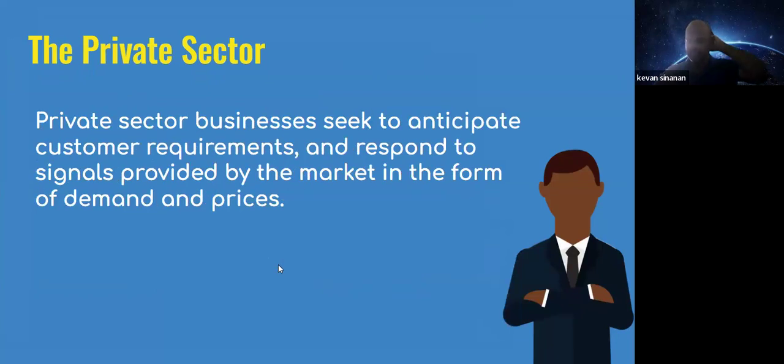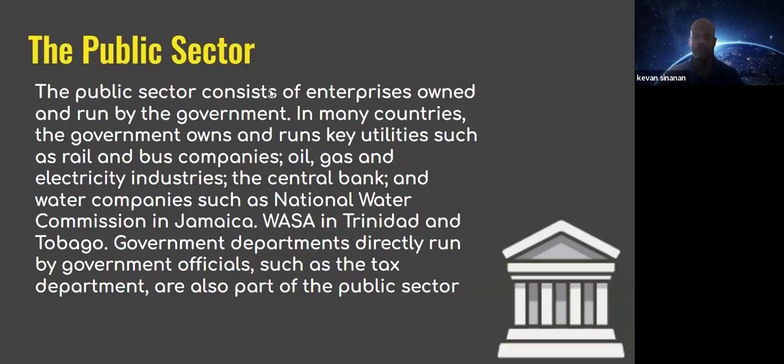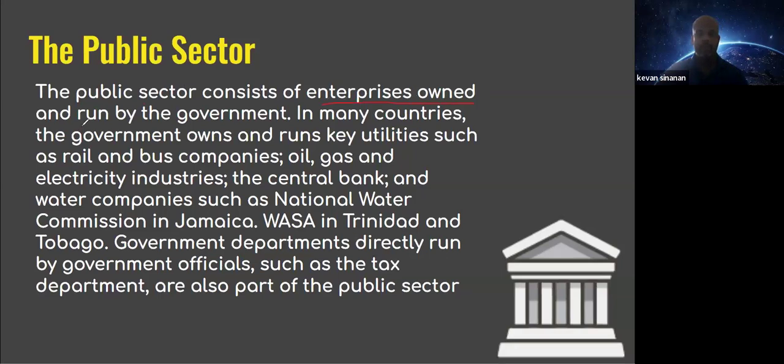So private sector businesses seek to anticipate customer requirements and to respond to the market in the form of demand and prices. Now, the public sector. Public sector essentially means enterprises run and owned by the government.